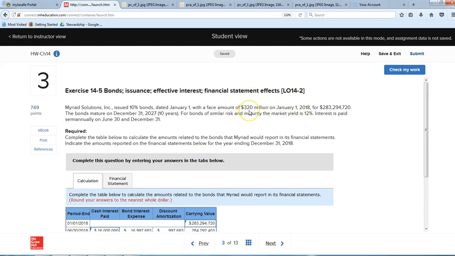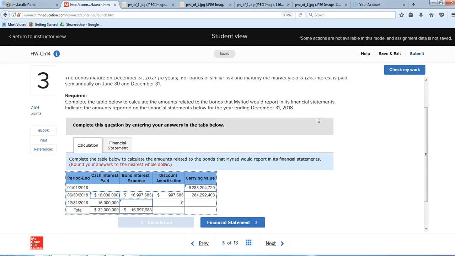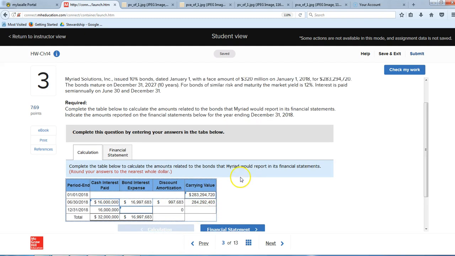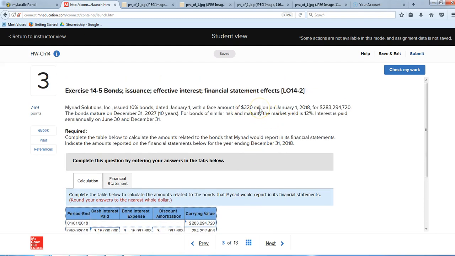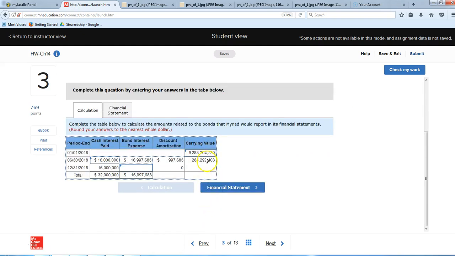The face amount is $320 million, but they only received $283 million. The difference is the discount. So ultimately, this amount will grow to $320 million after 10 years. They are going to pay investors $320 million. So we add the discount being amortized every period.